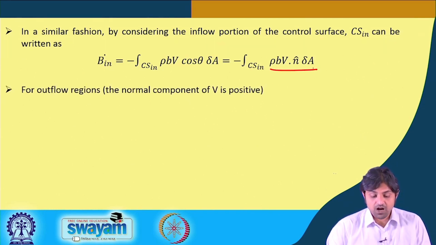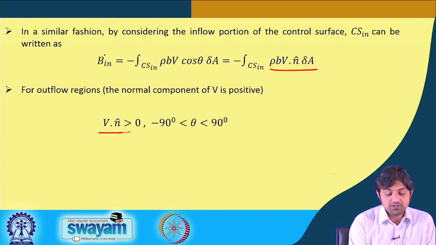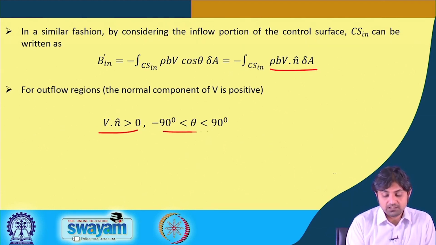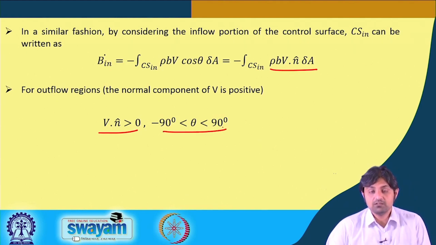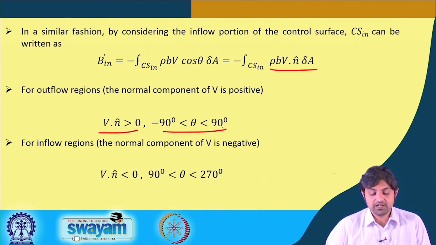So, for the outflow region, just remember V dot n is greater than 0 and theta is between minus 90 and 90 degrees. For the inflow region, the normal component of V is negative, and for the outflow region it is positive. So V dot n is less than 0 and theta varies from 90 to 270.